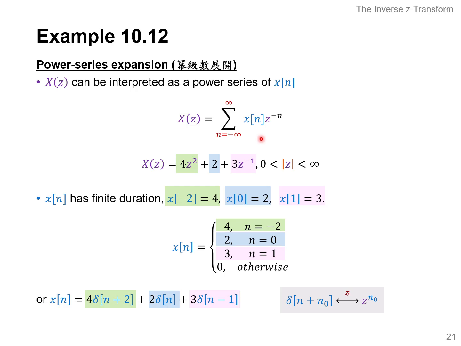In this case, X(z) looks like this. It has 4 times z squared plus 2 plus 3 times z to the minus 1.